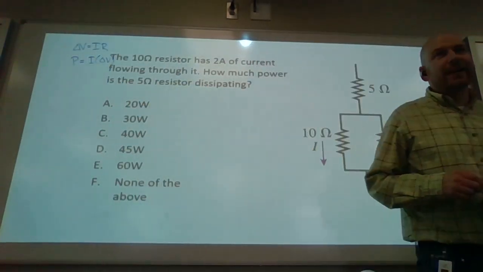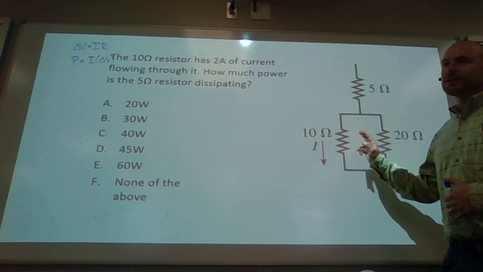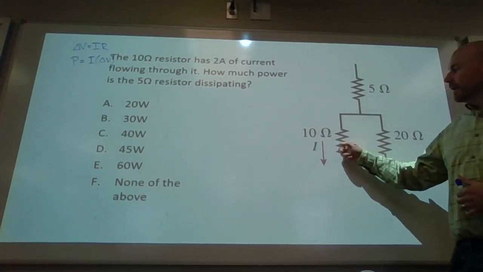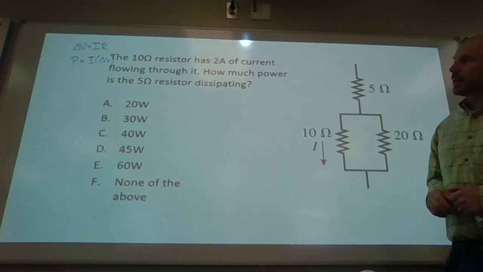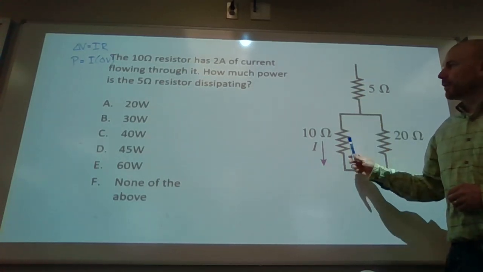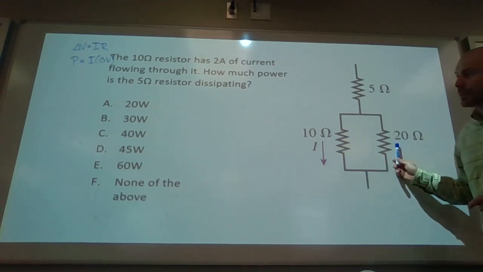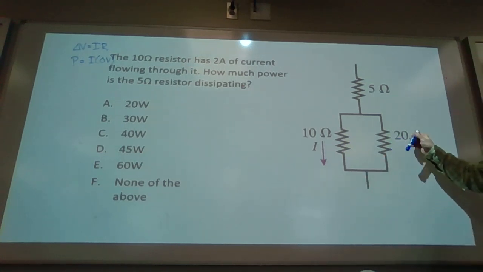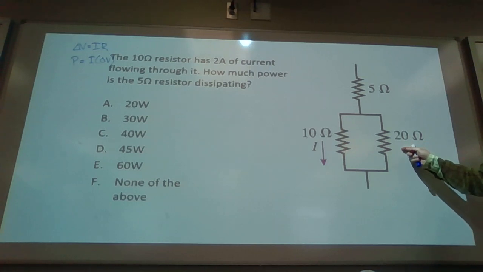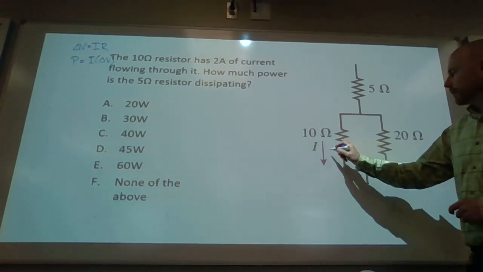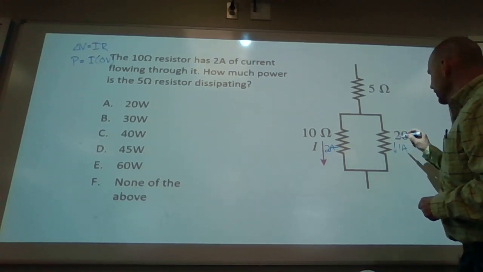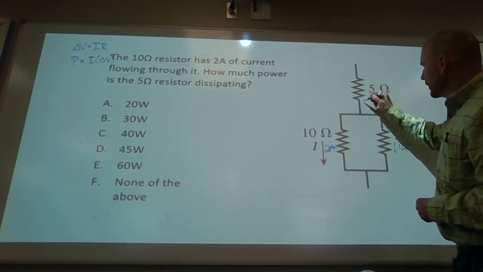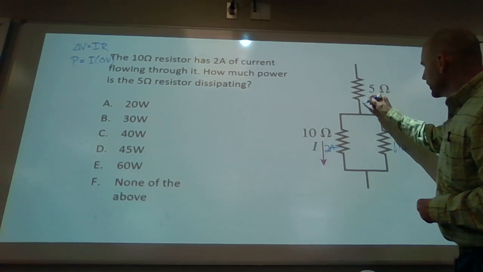Okay, real fast. These two are in parallel, so you know the voltage is the same. You can figure out the voltage across this by taking your resistance times your current. You get 20 volts. There's 20 volts across this one, meaning that there is one amp through this one. So there's 2 amps here and 1 amp here. Therefore, the junction rule says there must be 3 amps here.